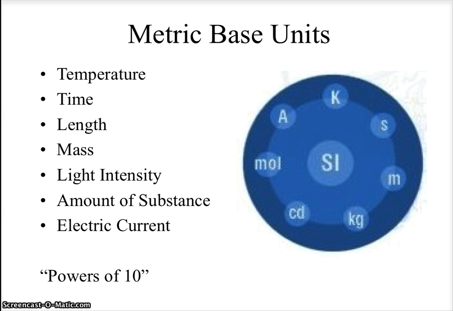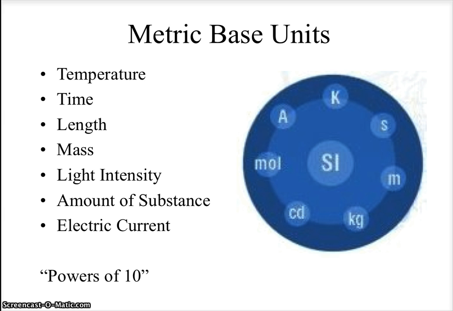That 5 becomes kind of arbitrary without units. So the units give a value to a particular measurement. For the purpose of the class, we'll be utilizing temperature, time, length, mass quite a bit, light intensity very little, amount of substance almost not at all, and electric current.